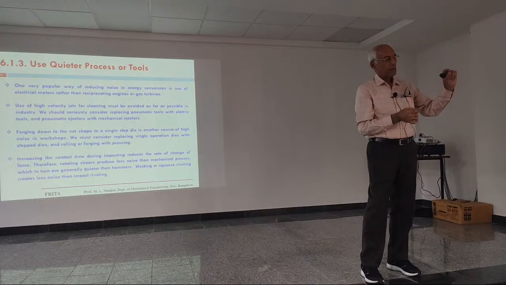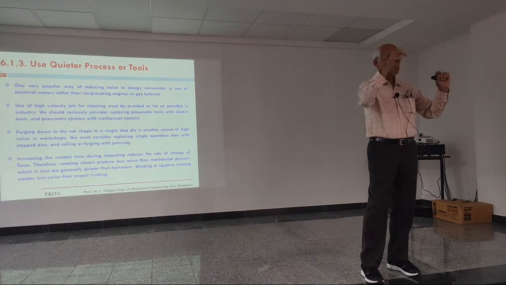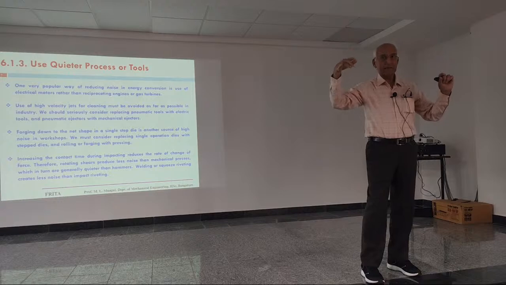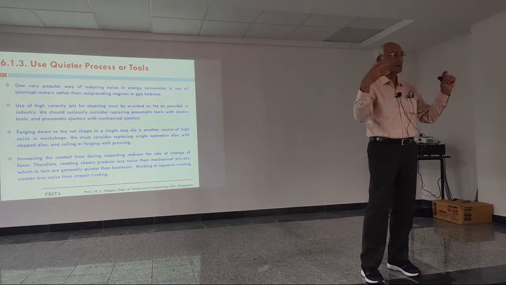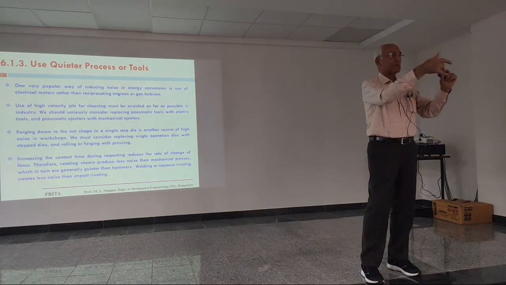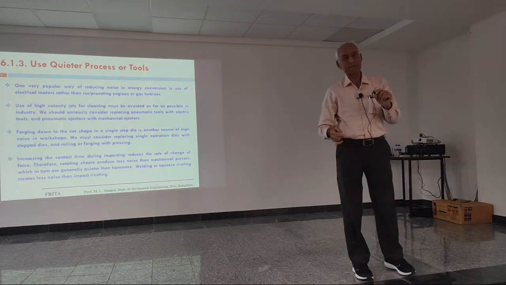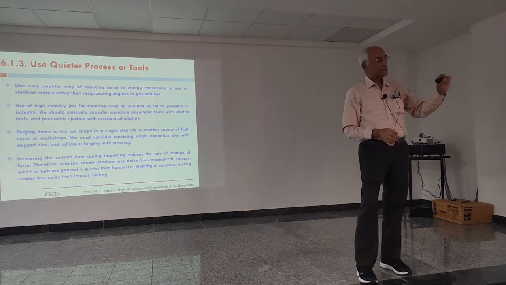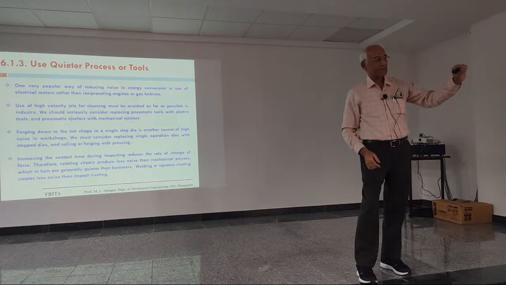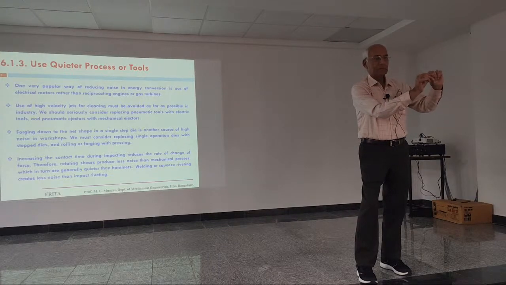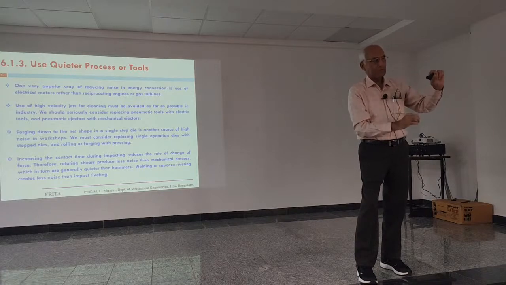Now, all of you know that basically thrust is proportional to mass and velocity, or momentum. Or rate of change of momentum is basically what is the thrust. So I said, instead of having a jet of, let's say, 2 millimeter diameter and giving you velocity so high, you choose just instead of 2 millimeter, make it 3 millimeter.